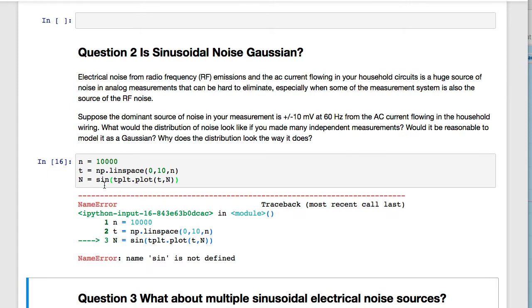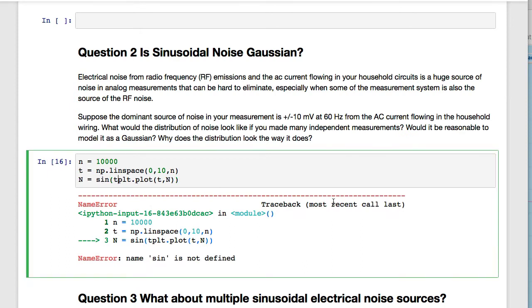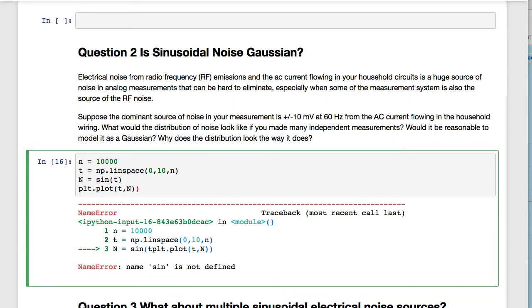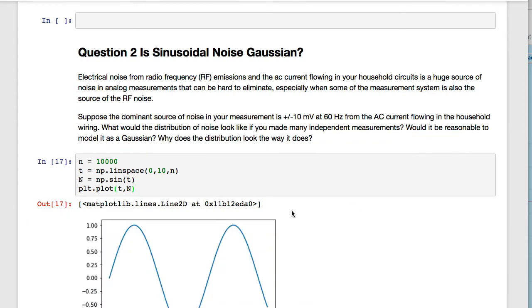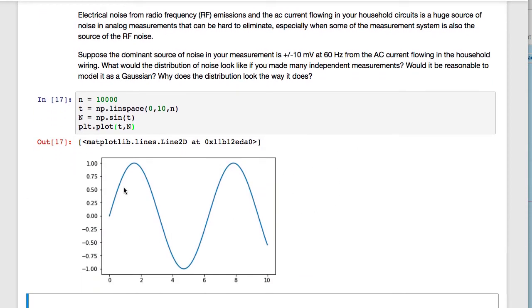And I got an error. Whoops, of course I got an error. I need that to be on two separate lines. And we saw before that needs to be the numpy version of sine in order for things to work out. And I've got a stray parenthesis there. So now I ran it, it worked, and I got a plot of sinusoidal noise varying.